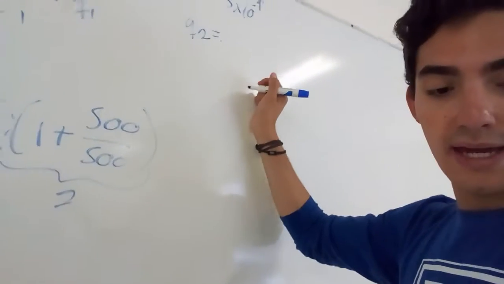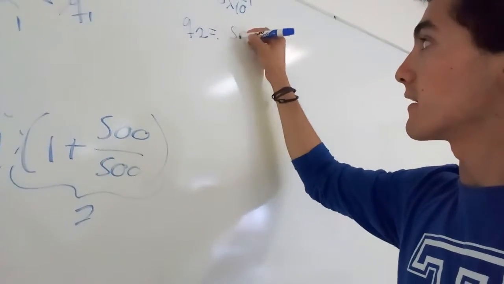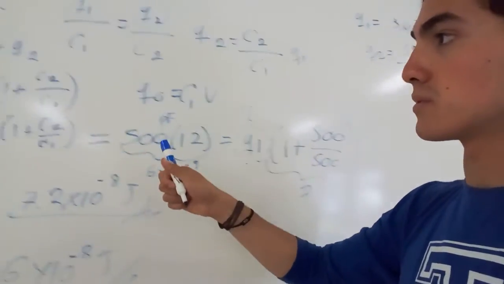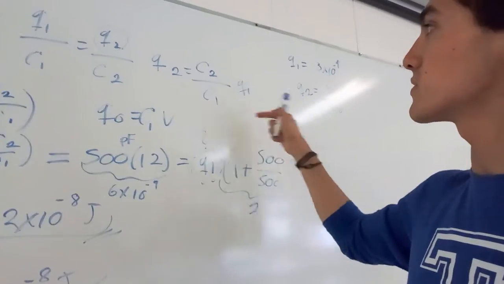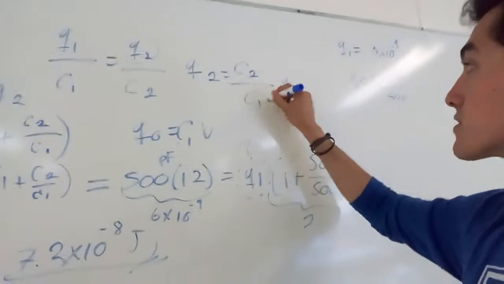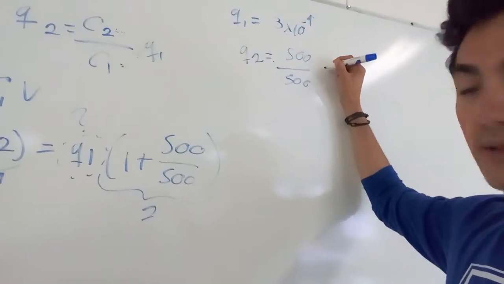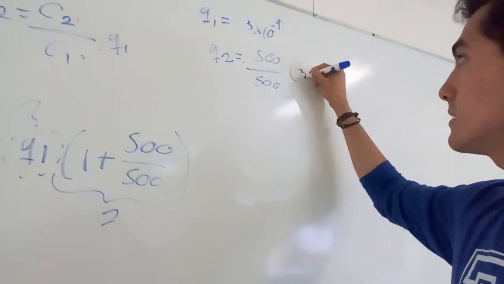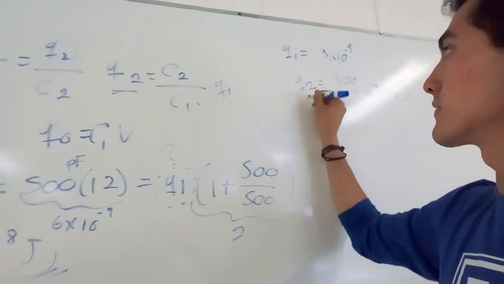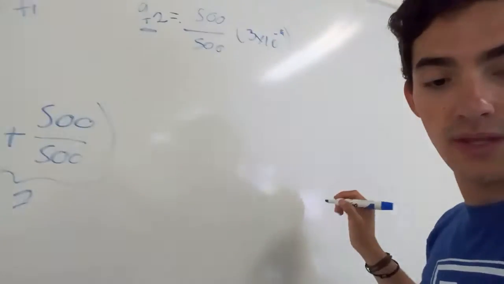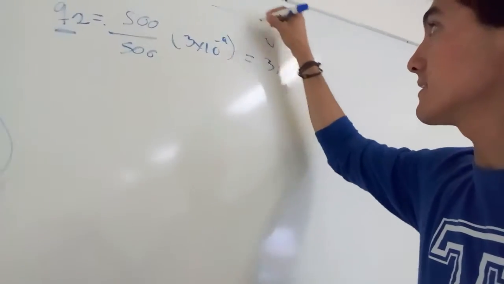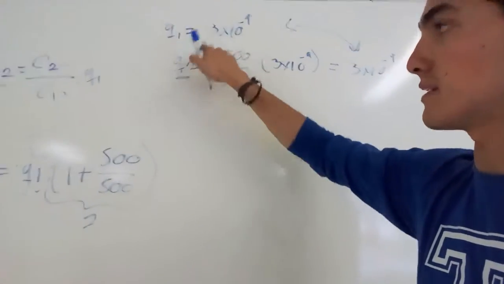So the charge 2 is equal to 500 over 500, the capacitance 2 over capacitance 1 times the charge 1, that is this part, and now we can obtain that the charge 2 is equal to 3 times 10 to the minus 9, so we can see that it's exactly the same, these two.